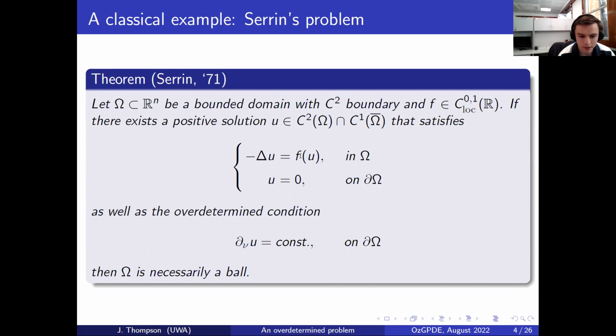Now this method of moving planes is an incredibly powerful and versatile technique for not just overdetermined problems, but other symmetry problems. For example, a very famous application of the technique was by Gidas, Ni, and Nirenberg, who used it to prove symmetry of solutions to semi-linear problems in a ball.